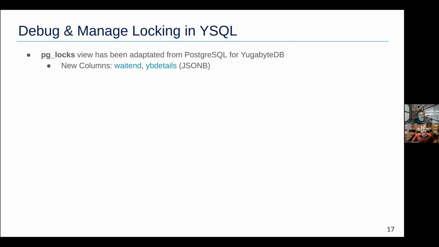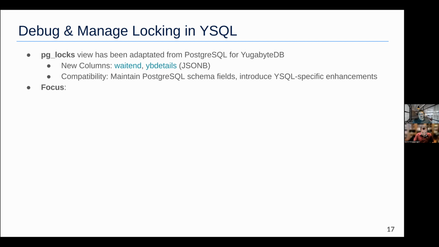Yugabyte is currently running at Postgres 10, so we haven't picked that up yet, and we've added it early. We've added wait_end for when the transaction stopped waiting and was written, and yb_details has additional Yugabyte-specific information needed for troubleshooting your given transaction.